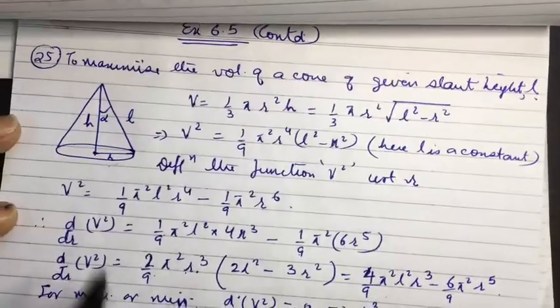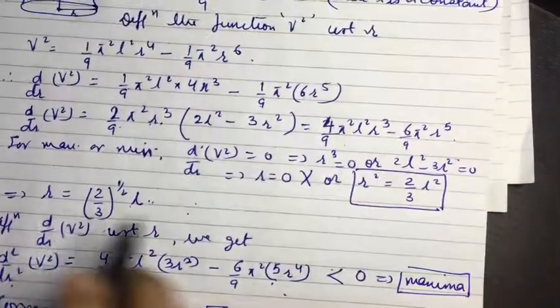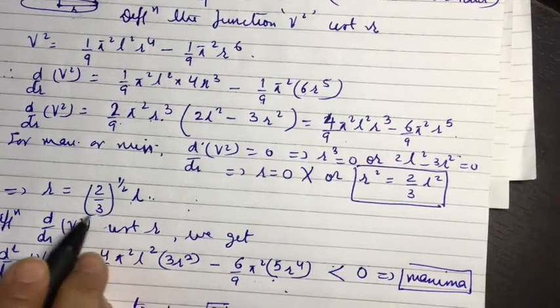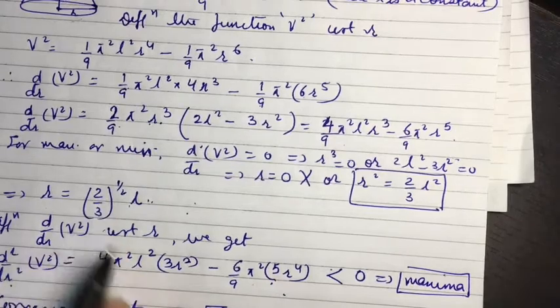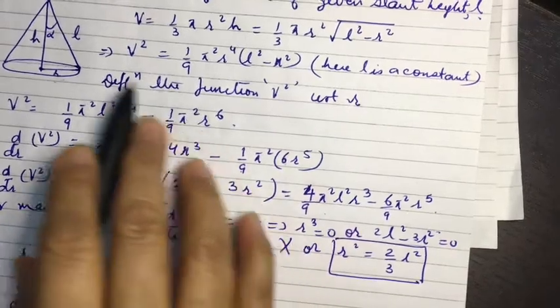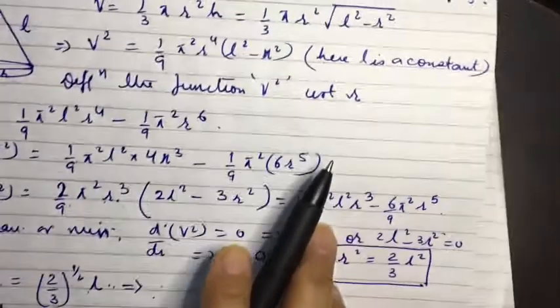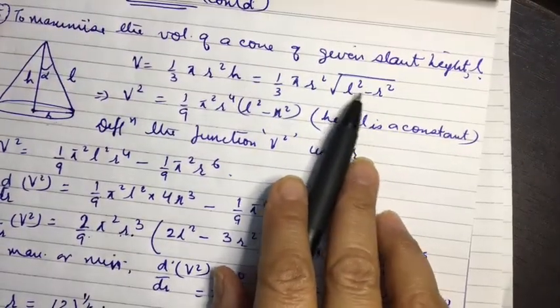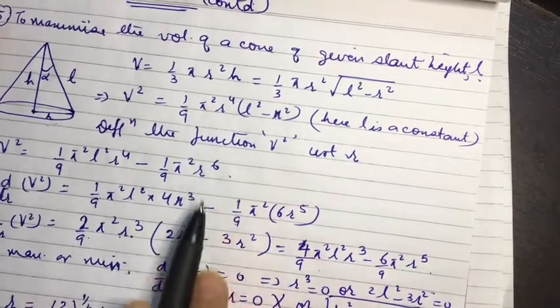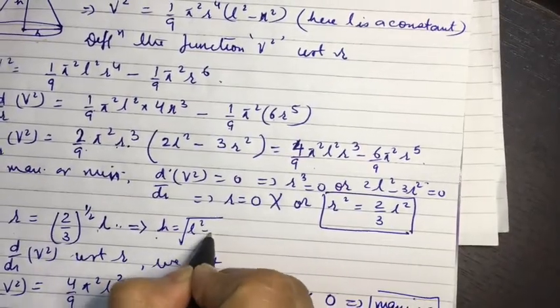Now clearly from the figure we have tan alpha is equal to r over h. Here we have r equal to square root of 2 by 3 into L, and h is equal to square root of L square minus r square.